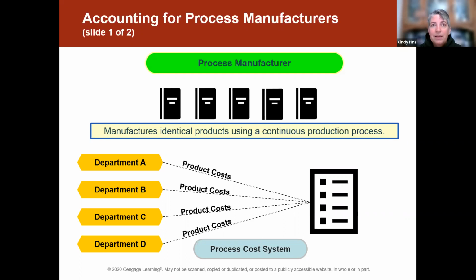What makes a process costing manufacturer different is they almost certainly have more than just 3 inventory accounts. They would still have just 1 materials, 1 finished goods, but instead of having just 1 work in process account, they would have multiple work in process accounts. They would have 1 for each identified step in their process. So they would look at their production process and identify work cells or departments or steps in the production process.